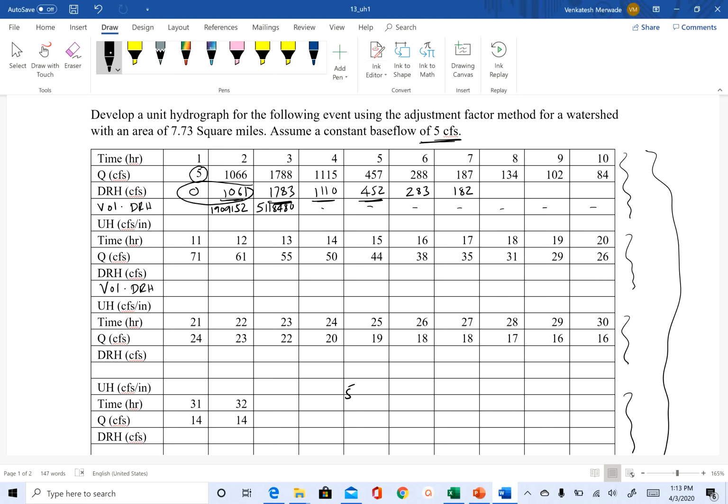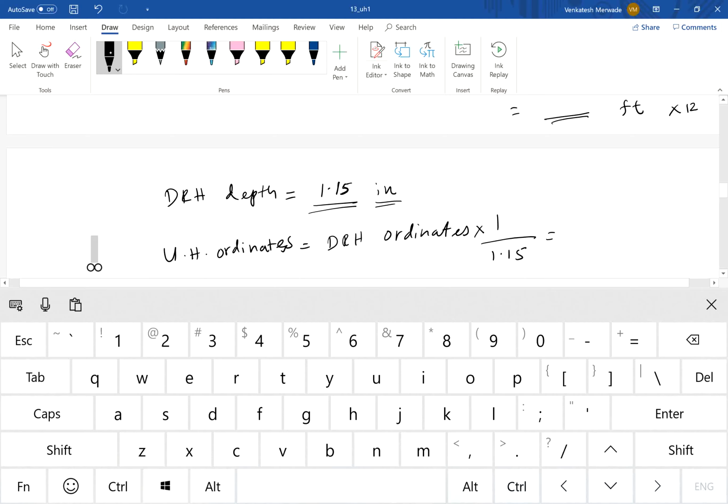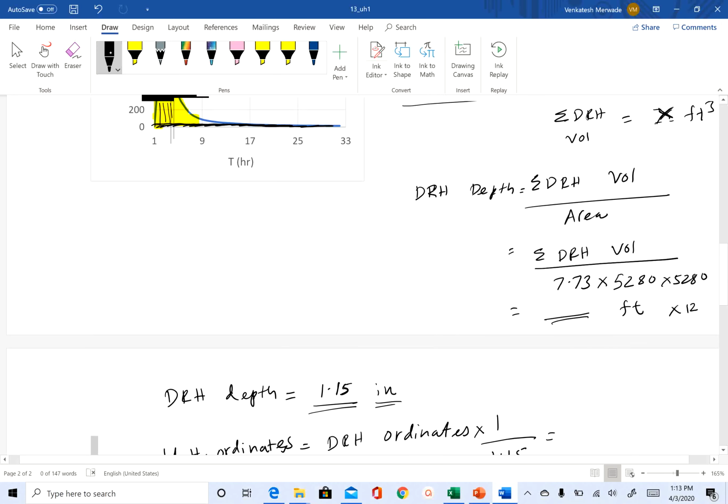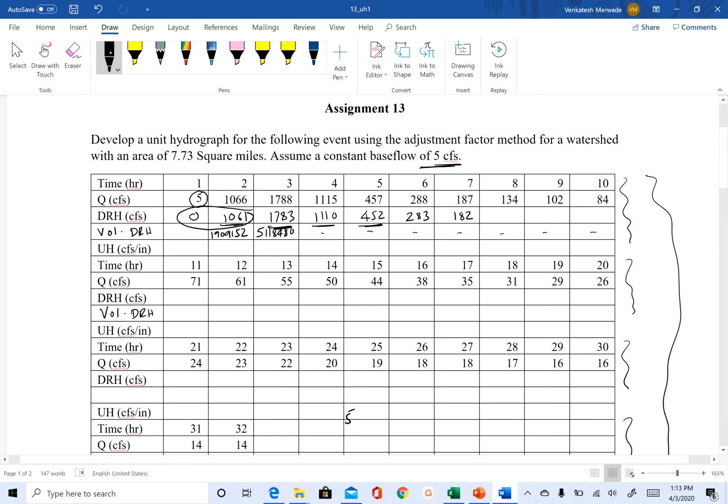1110, 452, by 1.15. So if I do that, I'll just do it again for just a few rows. So 1061 divided by 1.15. So this comes to 922.6.